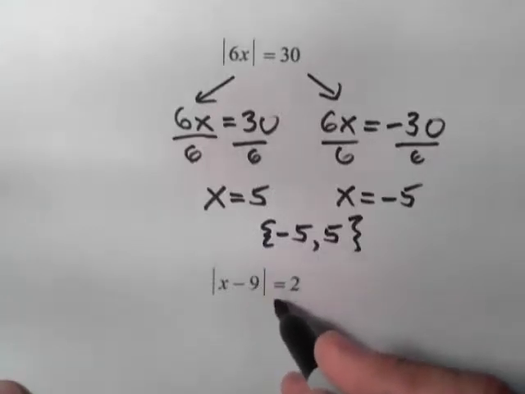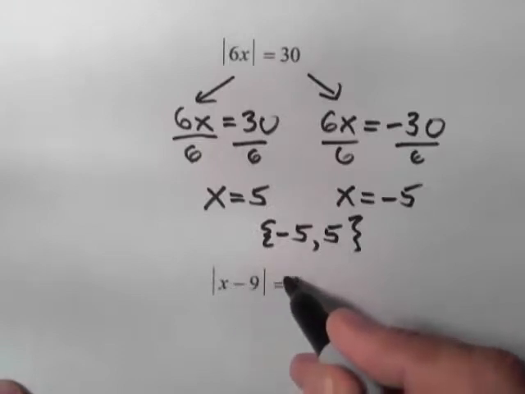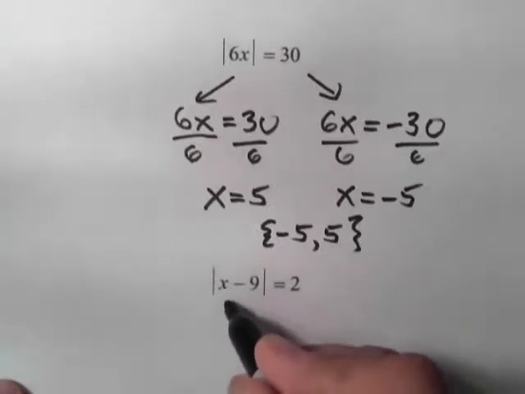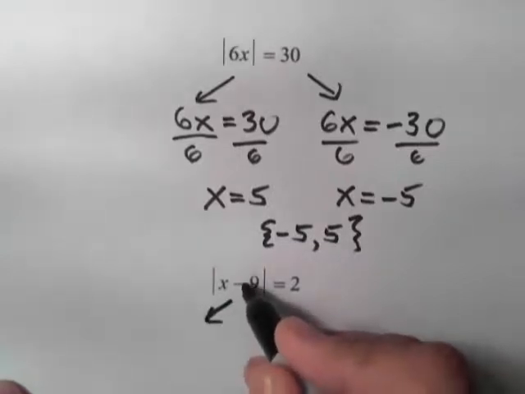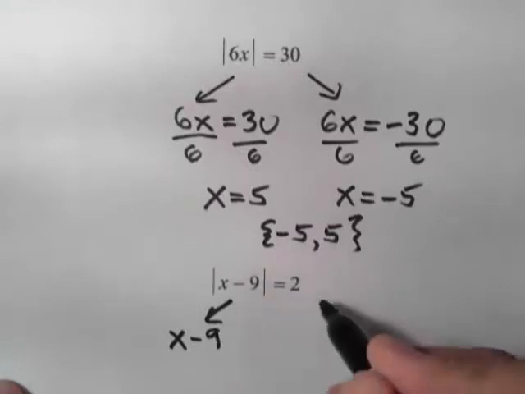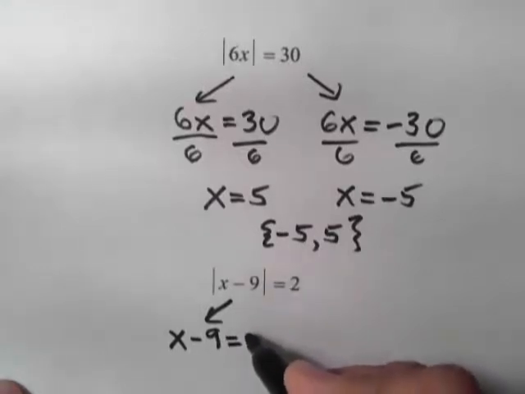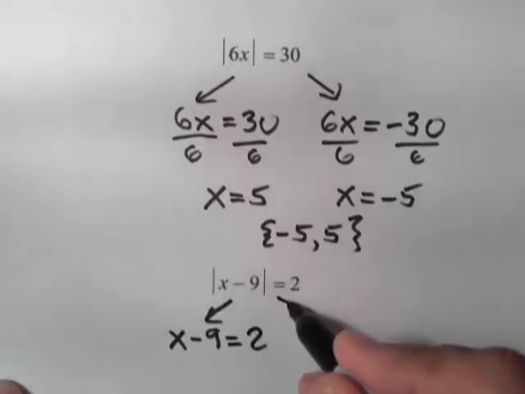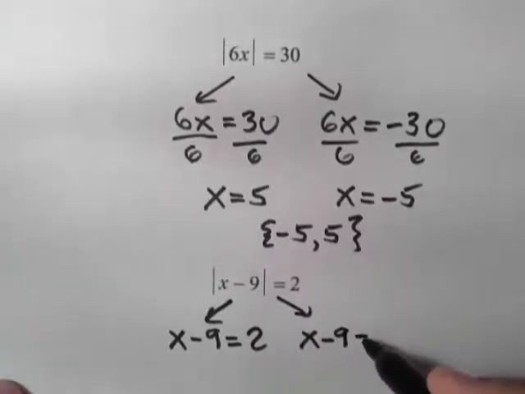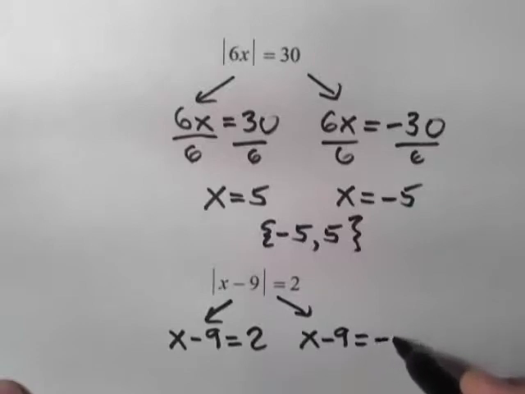Okay, here's another example. Absolute value of x minus 9 equals 2. Again, what we simply do is take what's inside here, the x minus 9 in this case, and set it equal to the positive of the number on the right, and set x minus 9 equal to the negative of the number on the right.